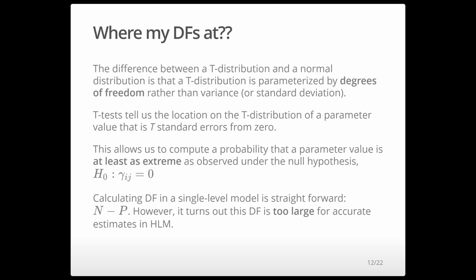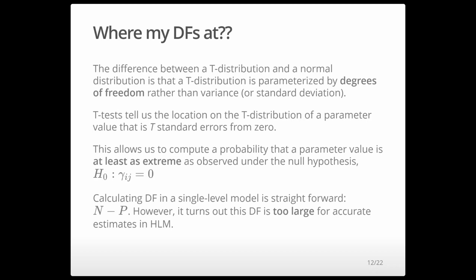We're saying that the actual number of standard errors is the same, but the distribution on which we're computing the probability is different. It's a t-distribution parameterized by degrees of freedom rather than a normal distribution parameterized by standard deviations or variances. So this allows us to then compute a probability that under the null hypothesis, we would observe a parameter estimate at least as extreme as the one we have.